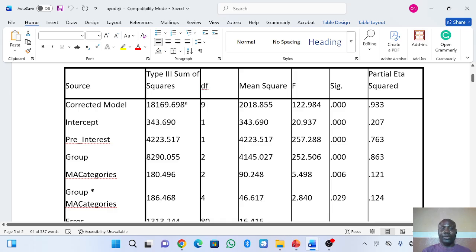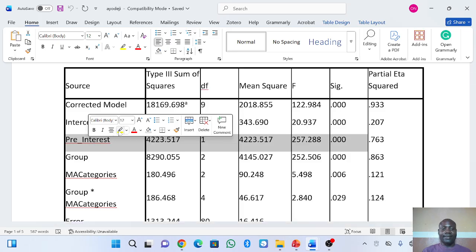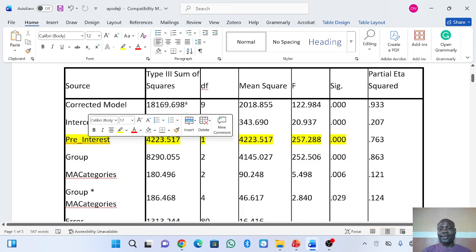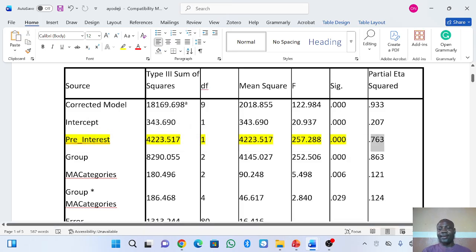The first thing I would love us to look at is the pre-interest, which is the covariate. You will notice that it has a significant effect, and the significant effect is very clear.